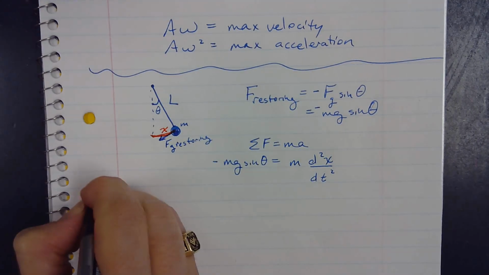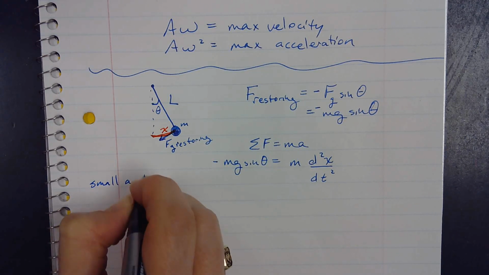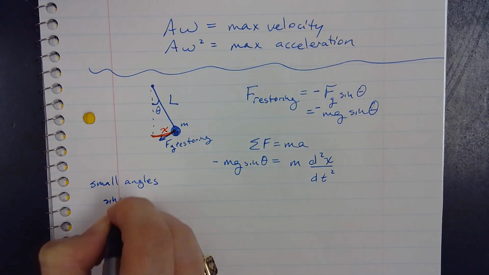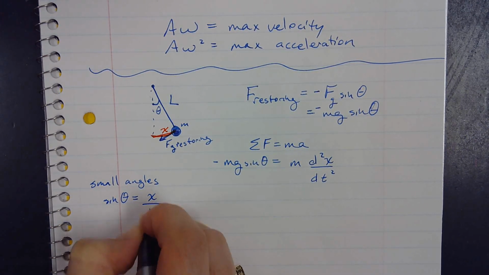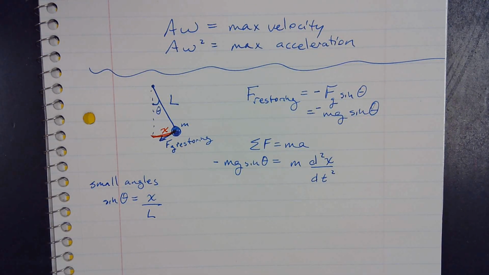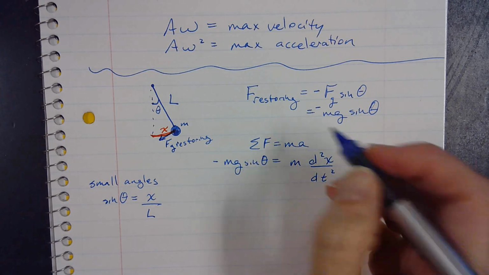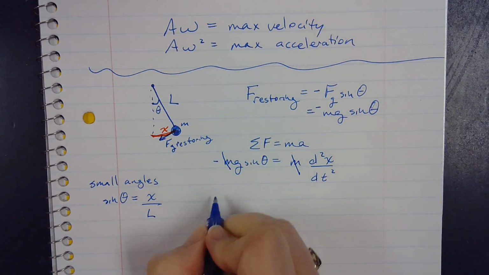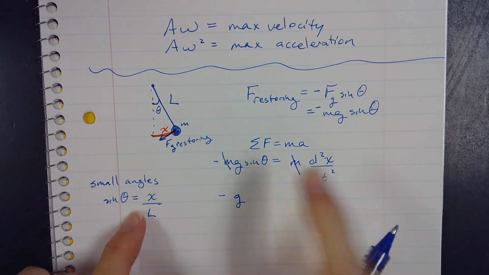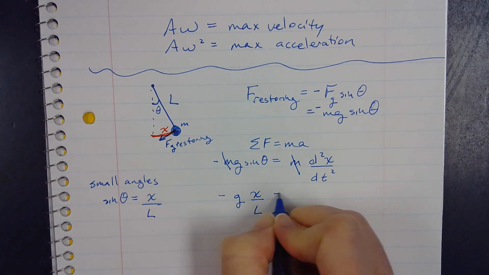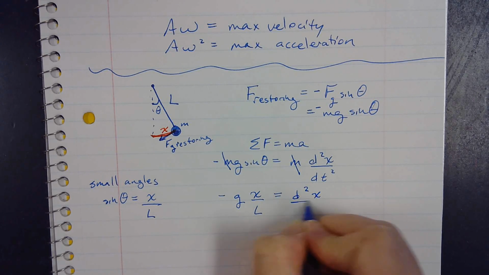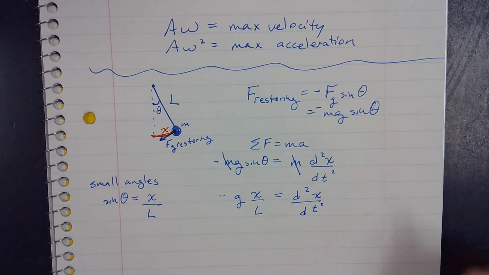So for small angles, the sine of the angle is equal to x over L. So I'm going to plug that in. Hey, before I do that, what cancels? M. So negative g, instead of sine theta, I'm going to use x over L, equals d squared x over dt squared.